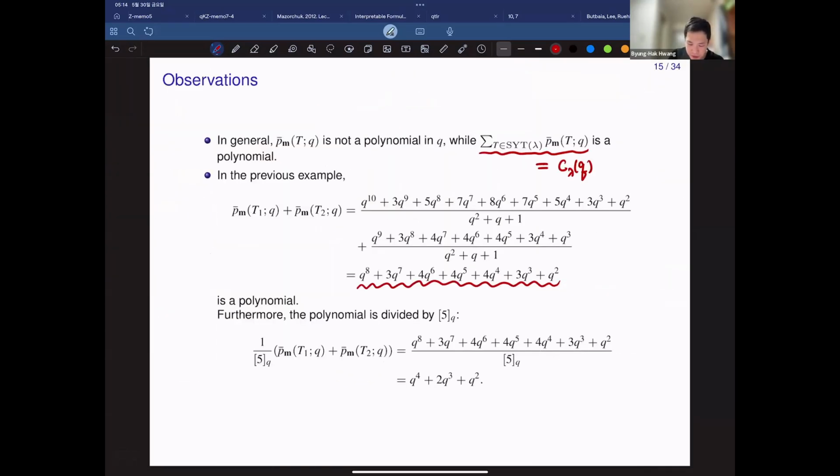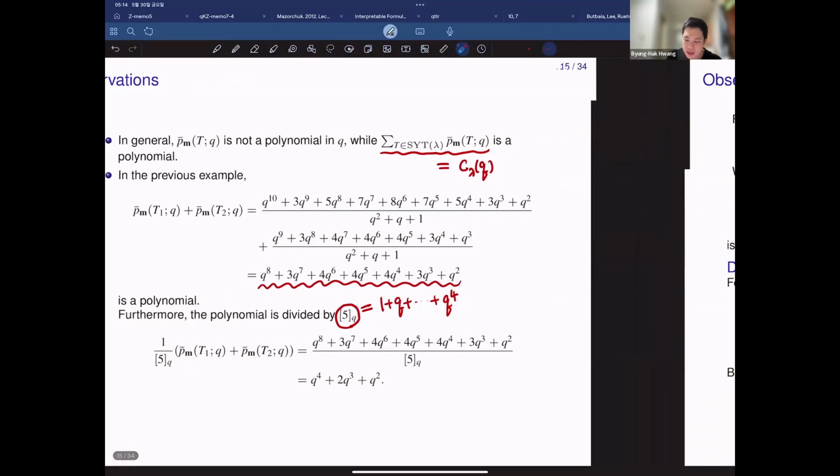Furthermore, the polynomial P bar of T1 plus P bar of T2 is divisible by 5q. This is the q-integer 1 plus q plus up to q to the 4. Then you can check that this polynomial is divisible by 5q.